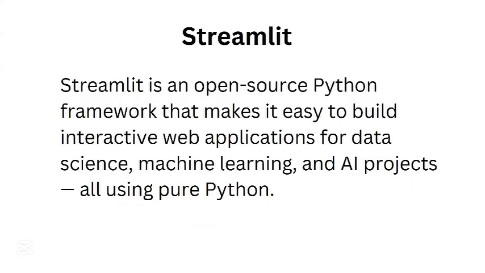In this application, we also use something called Streamlit. Streamlit is again an open source Python framework, and we can easily build interactive web applications. In those days, it was very difficult to create a web UI because we had to do everything manually.